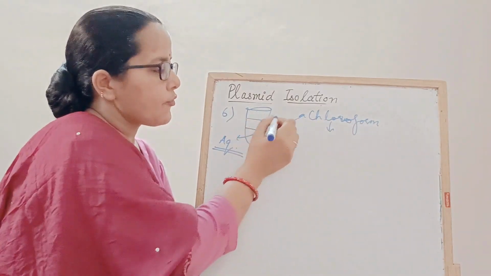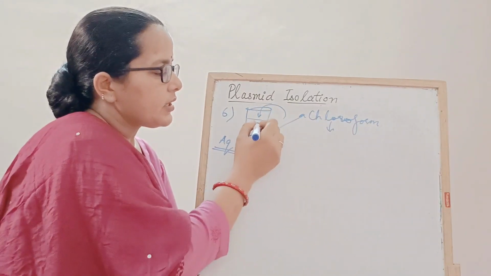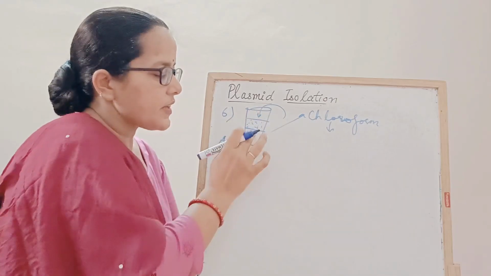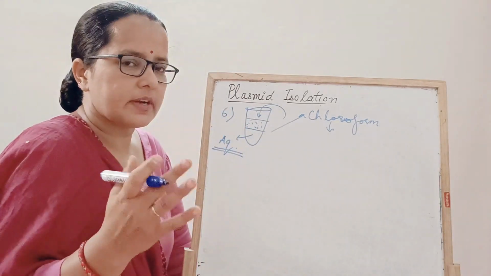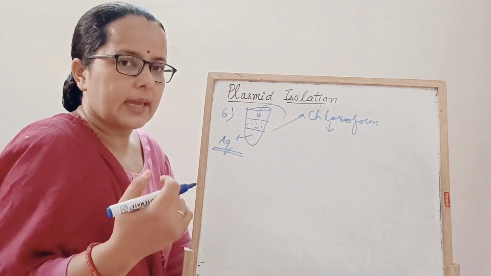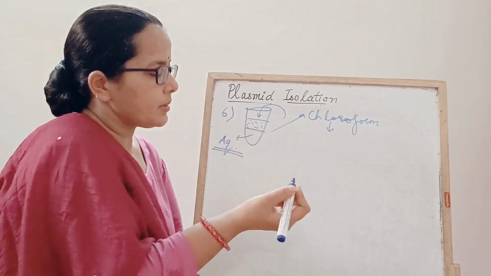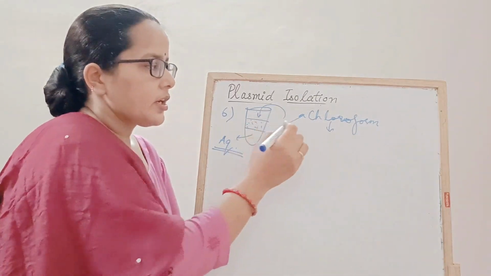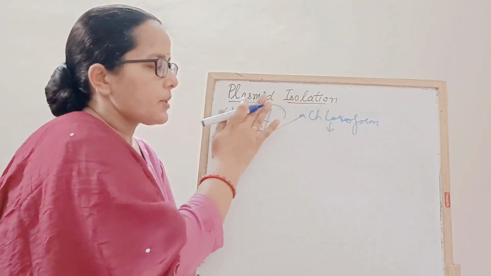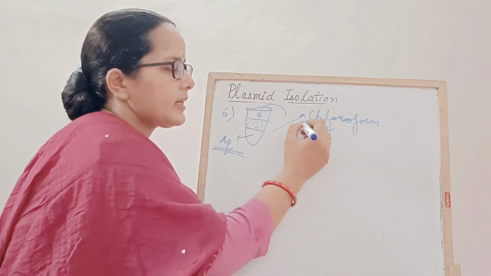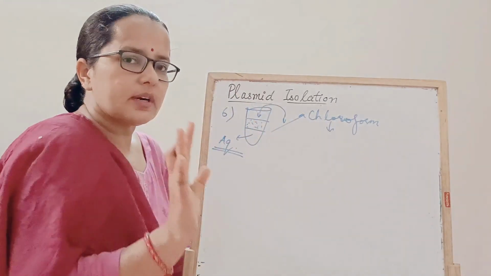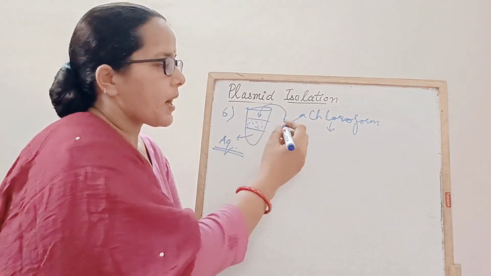So if you add chloroform again, and the aqueous phase has some organic solvent remaining, it will take care of it. So an equal volume of chloroform is added just to remove the leftover organic part.